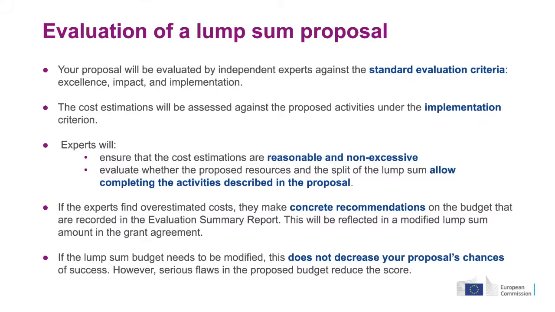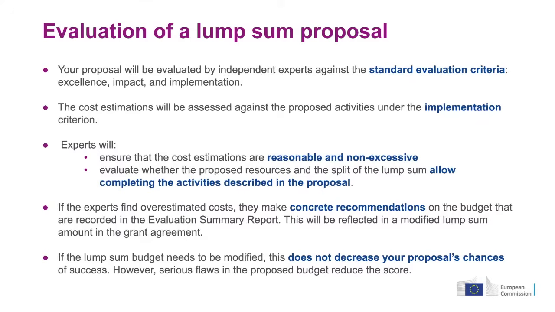So when we come to evaluation of the lump sum proposal, again, we use standard criteria. The technical and scientific part, implementation and impact of the proposal is evaluated as always. There's no difference. What is different for lump sums is that under the implementation criterion, we look at the budget, in addition to the standard evaluation of the technical scientific aspects of your proposal.